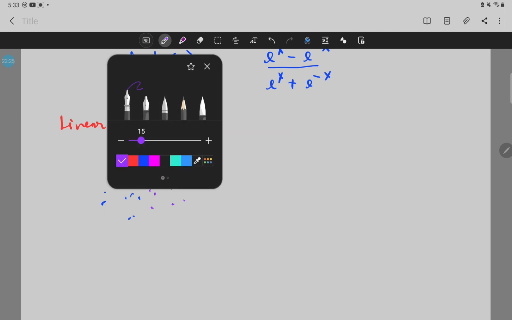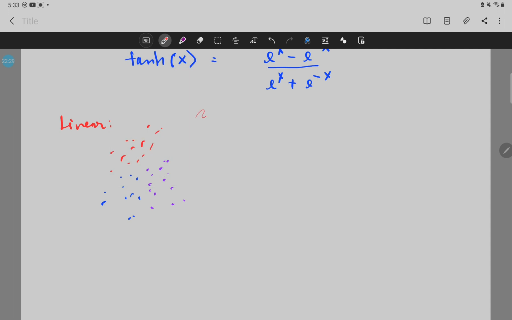For the linear kernel, you just divide into three linear type areas. Let's call it A, B, and C.